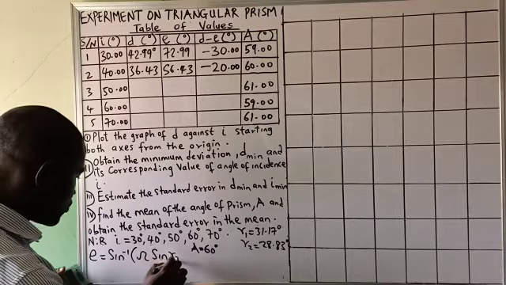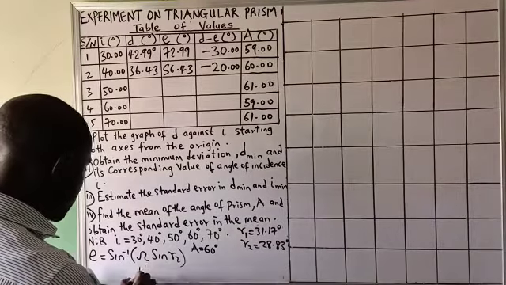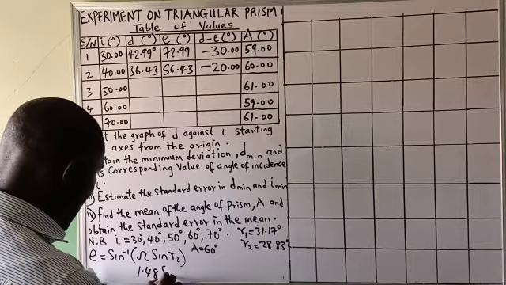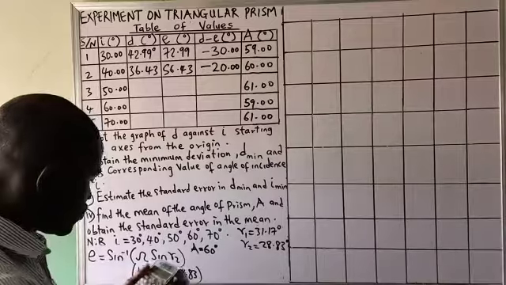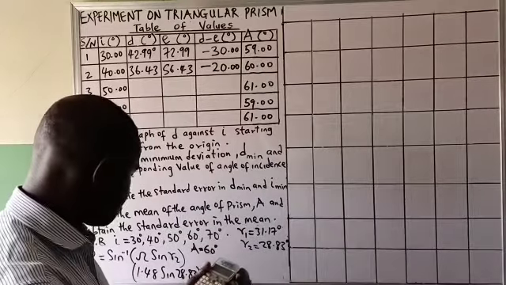So we go to the next one. The emergent angle is equal to sine inverse of refractive index times sine R2. Refractive index 1.48, sine R2 is 28.83. So we'll be having it this way.